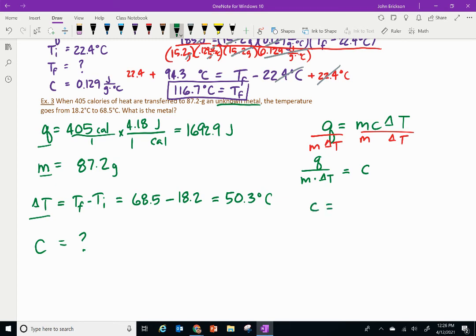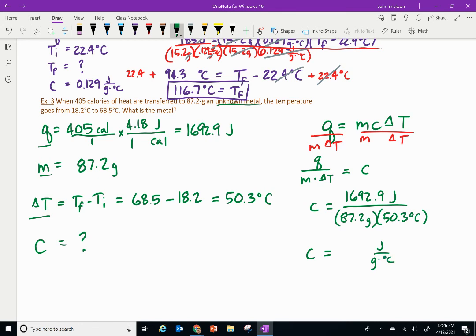All right, so C will equal 1,692.9 joules divided by 87.2 grams, also divided by 50.3 degrees Celsius. Notice that our units, they do not cancel. We're going to have all of these units in our final answer, joules over grams and degrees Celsius, which is great.